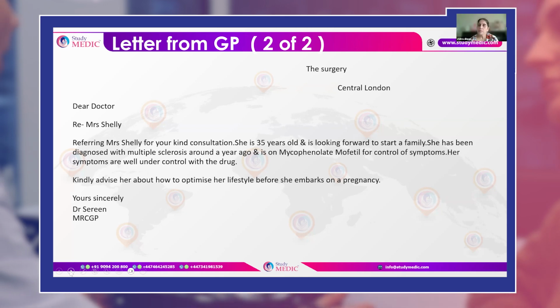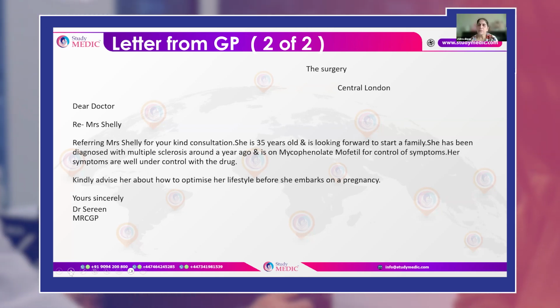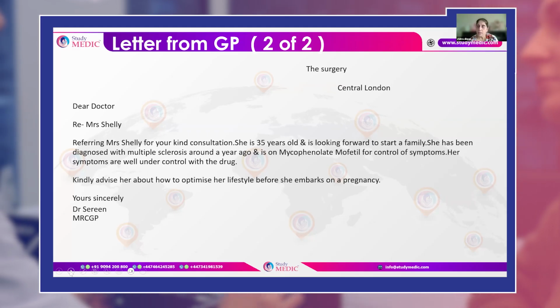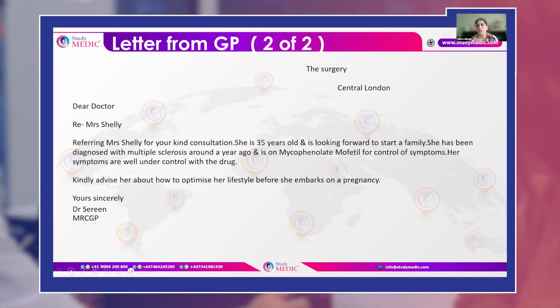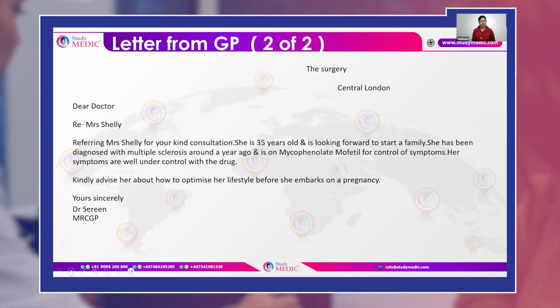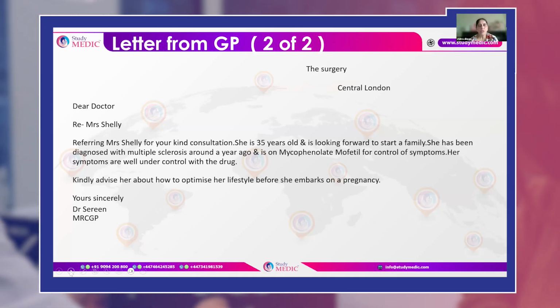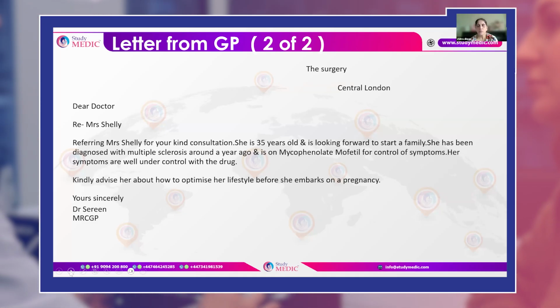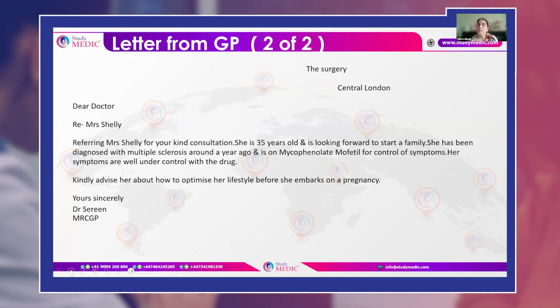So as far as the baby is concerned, there are a few chances that your baby might not be growing very well. So we would be asking you to have extra growth scans for the baby. Okay, doctor. And during the pregnancy, it is usually seen that women who have multiple sclerosis do fine in pregnancy.